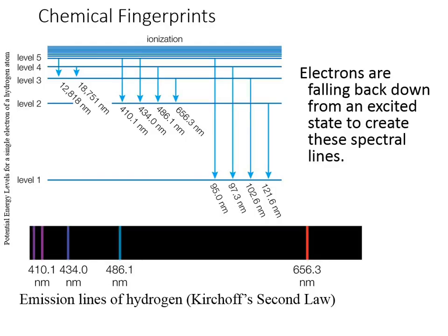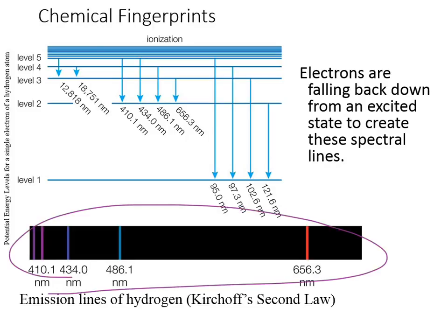The second law is emission spectra, and Kirchhoff's third law is absorption spectra. But do you see where actually the different colors, okay, the color purple, for instance, is about 410 nanometers. That's the wavelength. The color red is a longer wavelength. It's actually 656 nanometers. So that's kind of where those are.